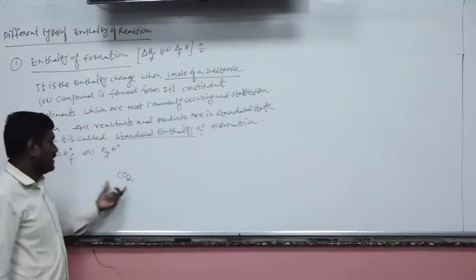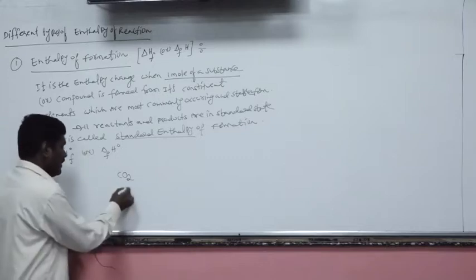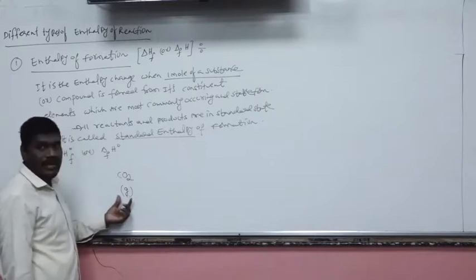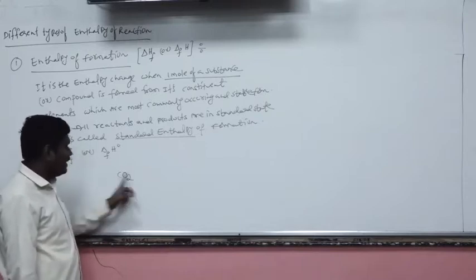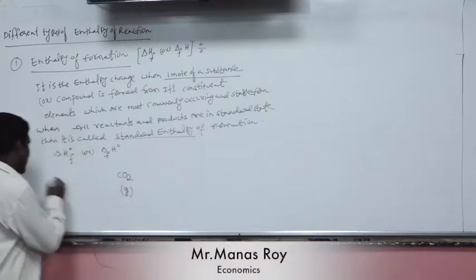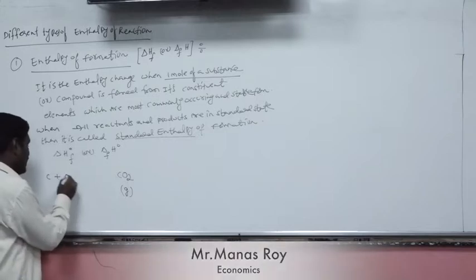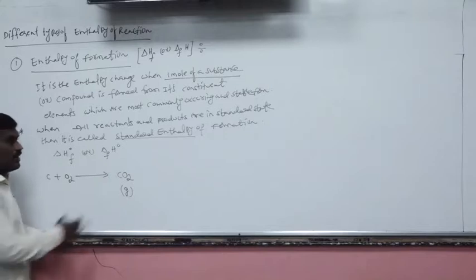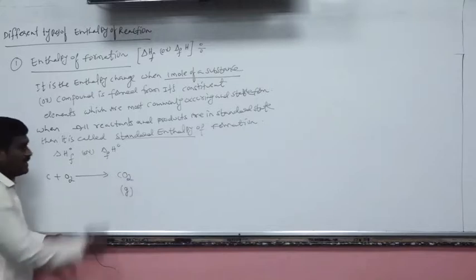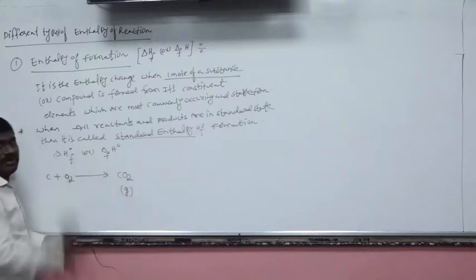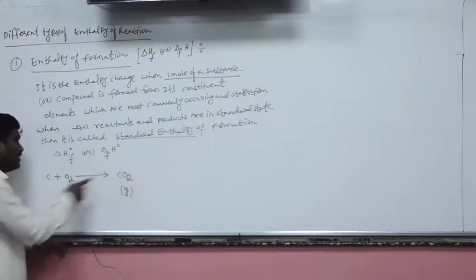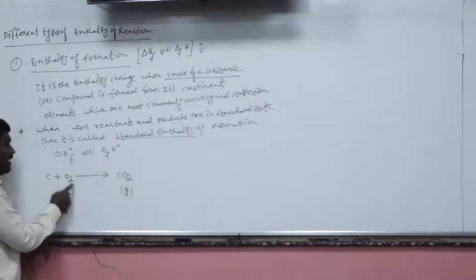Now here, suppose I have to prepare carbon dioxide. Carbon dioxide is basically in gaseous state at room temperature, isn't it? Now it contains 2 elements, one is carbon and the other is oxygen. So I am preparing carbon dioxide by using 2 elements, carbon and oxygen, isn't it? Now how many moles of carbon dioxide are there? 1 mole. This is very important. Now according to 1 mole of CO2, come to carbon and oxygen balancing.